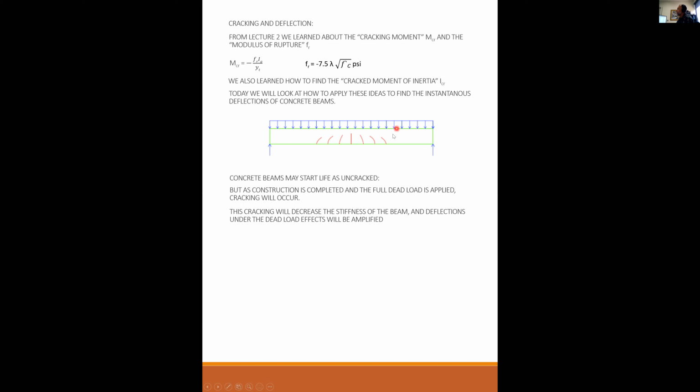So in other words, if this beam were put into service with all the load on it and it didn't crack at all, then the beam would be a lot stiffer. But it is almost always the case that the beam will crack under the loads you would expect in a real building. And because the beam cracks, its global stiffness will be reduced, so the deflections will be increased because of the cracking.